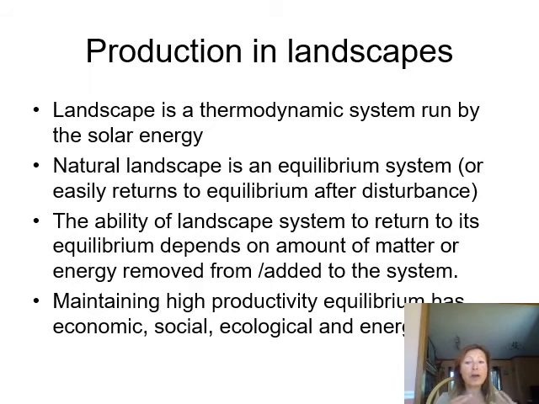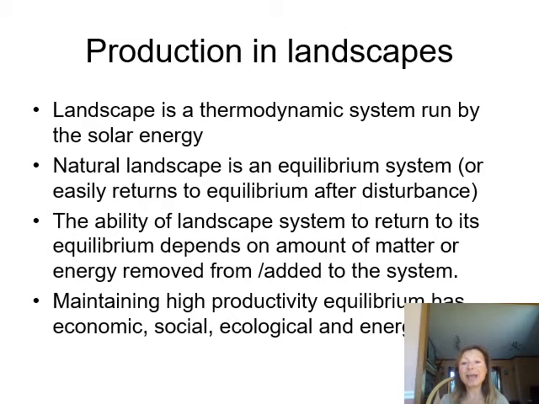Again, think of a very well-developed heterogeneous natural forest. It's in its natural equilibrium, and compared to this, think of arable lands or think of urban settlements. The more energy and matter is taken away from this natural system or added, the more unstable it is.